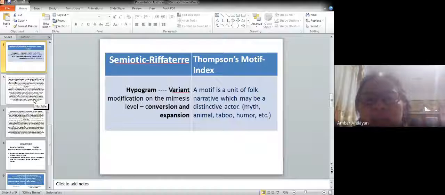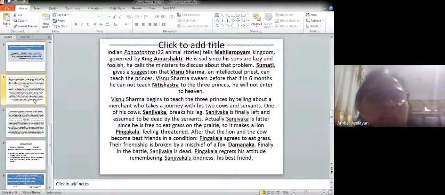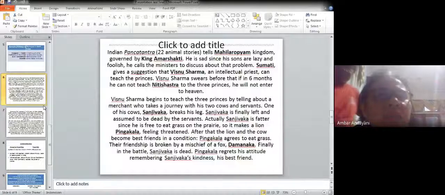The Indian Panchatantra has 22 animal stories. According to Chandiramani, it is popularly known as Hitopadesa, or useful advice.